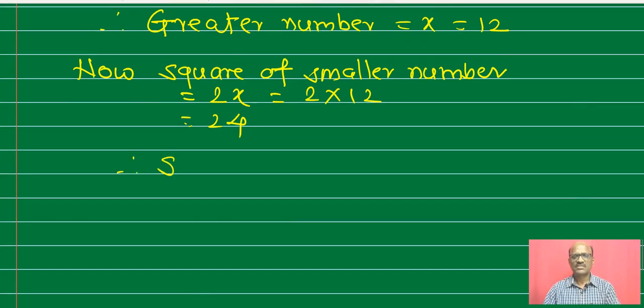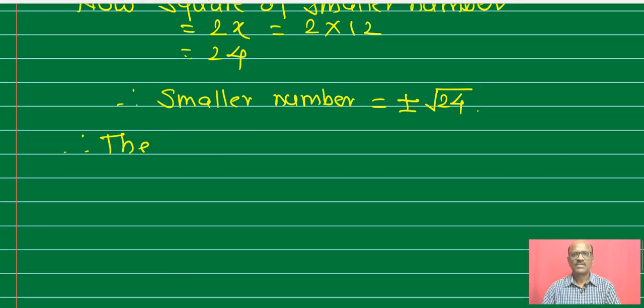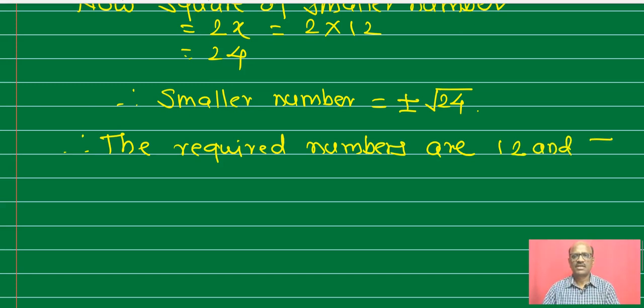The smaller number is root of plus or minus 24. Therefore, the required numbers are 12 and plus root of 24, and 12 and minus root of 24.